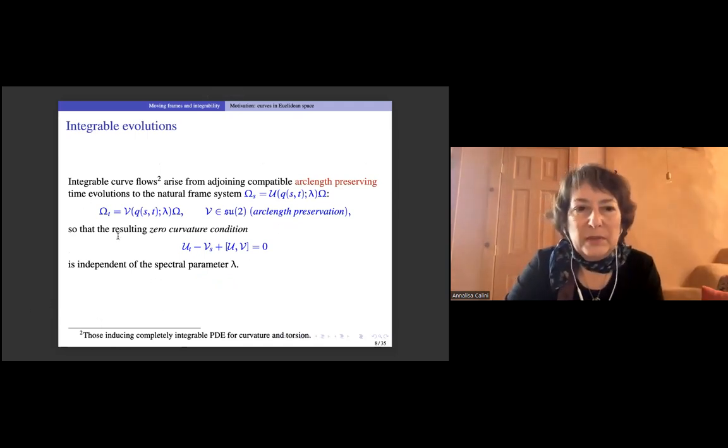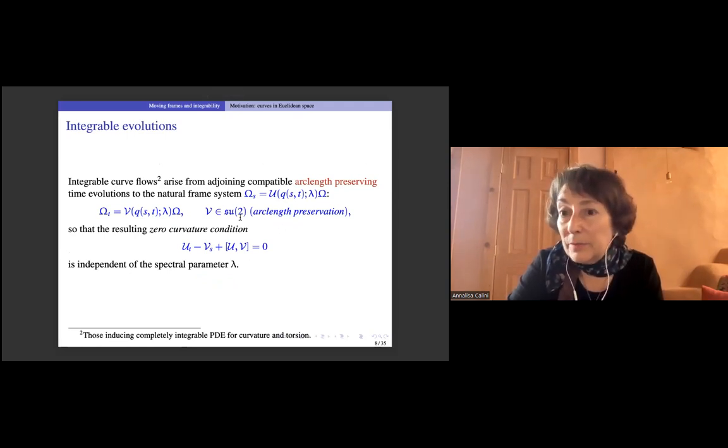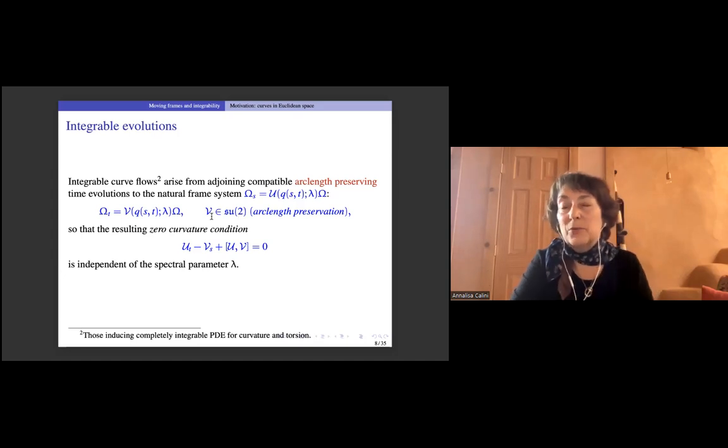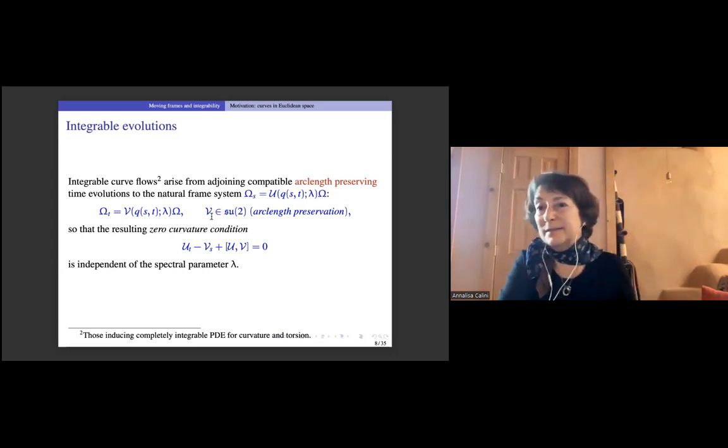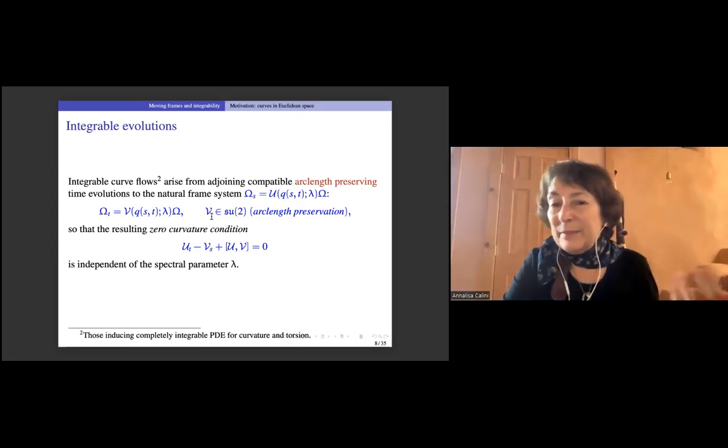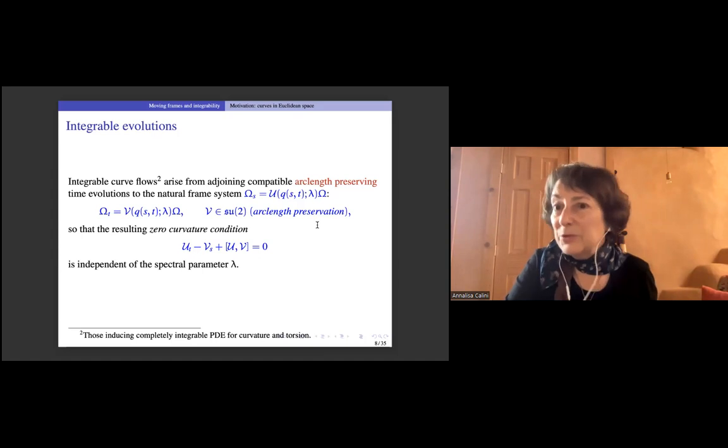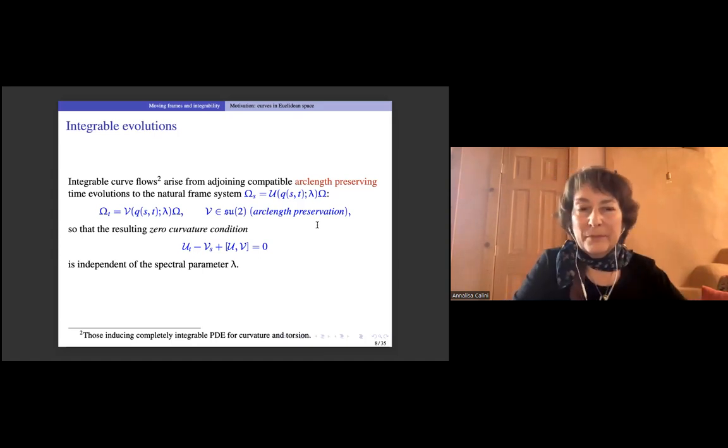You assume a temporal evolution where this script V is a 2 by 2 matrix that belongs to the Lie algebra SU2. By the way, this condition that we stay in the Lie algebra is pretty key in integrability, and it corresponds to a preservation of arc length of the curve.